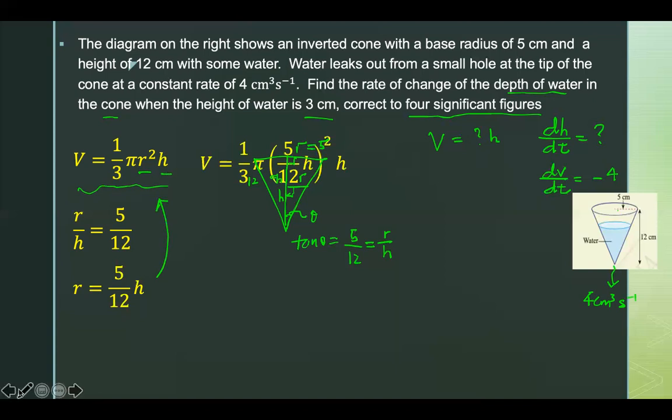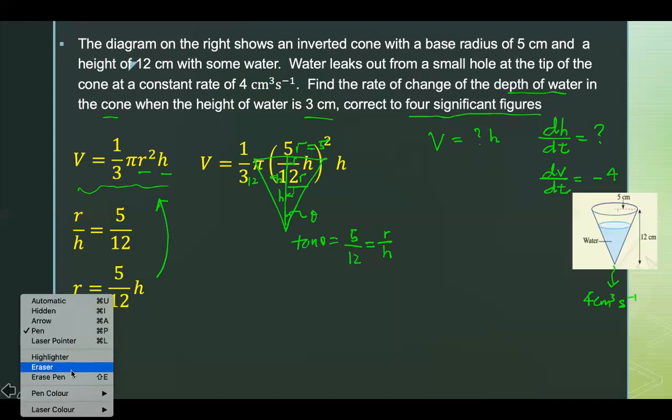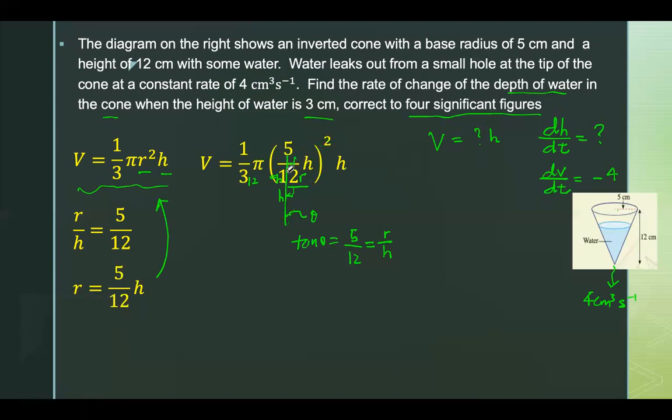Therefore, okay, so let me clear off this. So therefore, you have 1/3 pi r square become pi times 5/12 H square, times H. Therefore, you have 25/432 pi H cube.